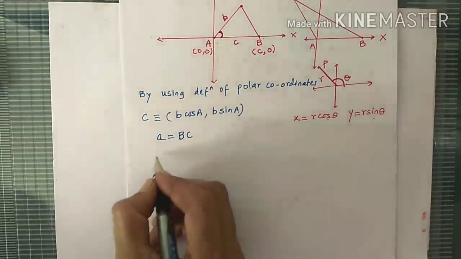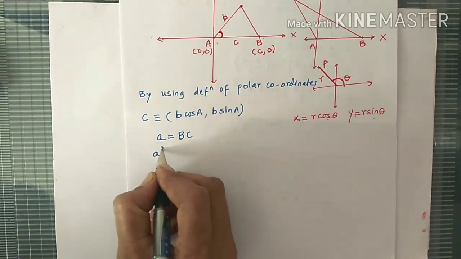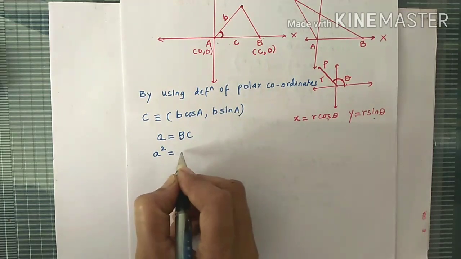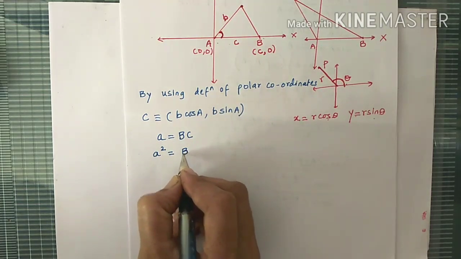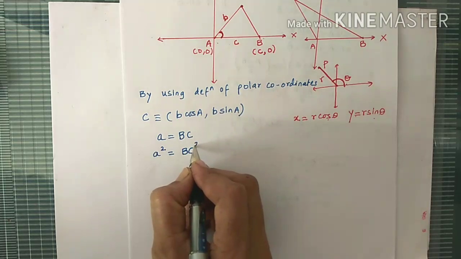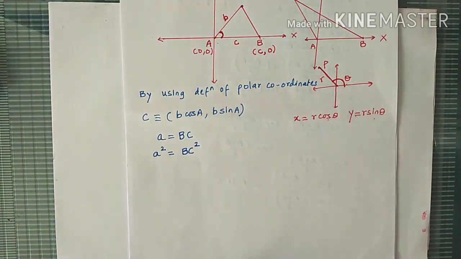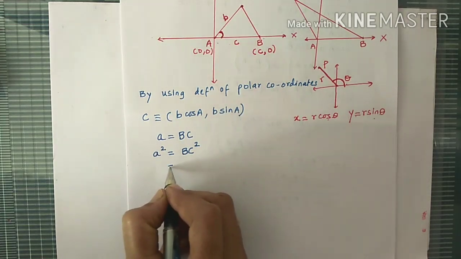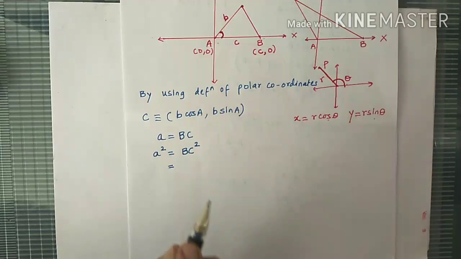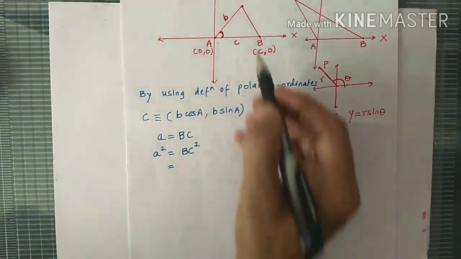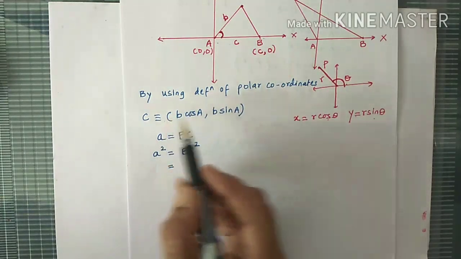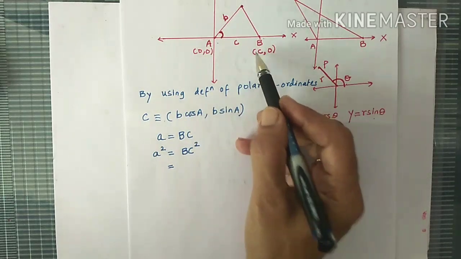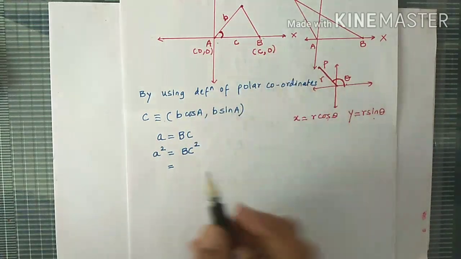Now let's square it because we are going to use the distance formula. To write the distance formula, we don't want to write those square root signs. So for that we are squaring both sides. So a square equals BC square. Now BC square, consider coordinates of B and coordinates of C, x2 minus x1 square plus y2 minus y1 square.